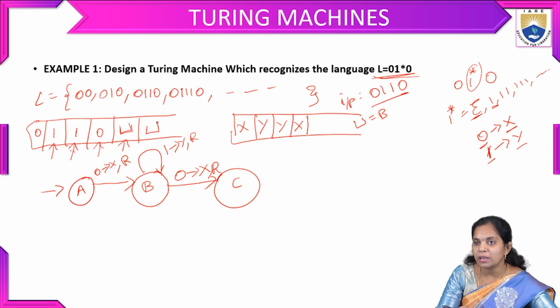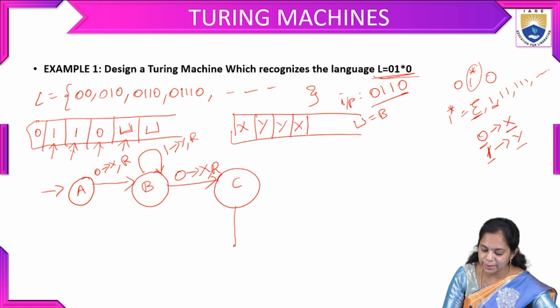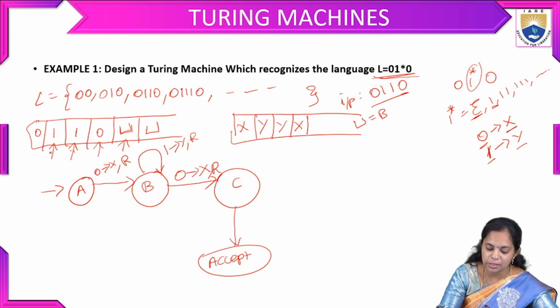Whenever, after reading the whole string, we reach the empty string, we have to accept this string. So this 0110 belongs to this language and is recognized by this Turing machine.